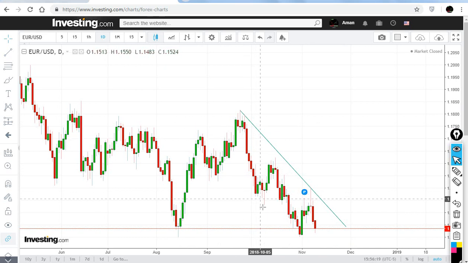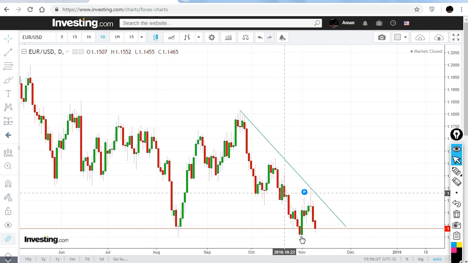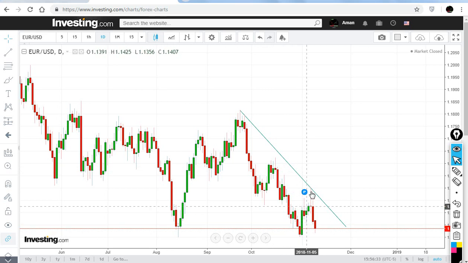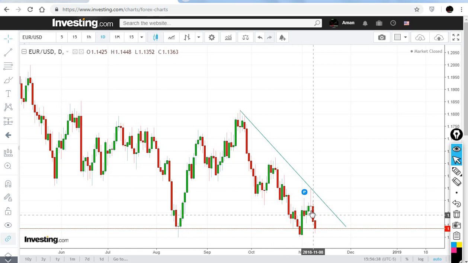We see a W: the first leg complete, then the middle inverted V, and then the second leg. After this second leg, the market completes the formation of the W. Now it's going for another pattern, and after the W we see another M. So the market is going down.